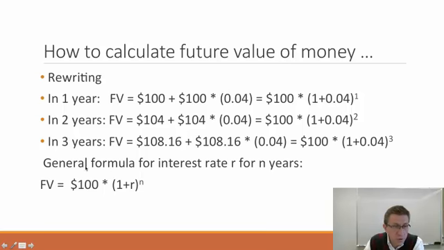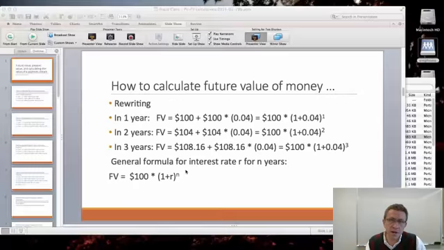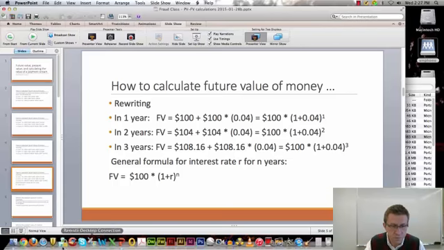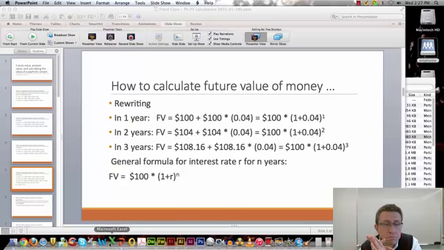This is an important formula for you to know to calculate the future value of money. Let's go to Microsoft Excel and plug this in, try out a couple different numbers. The nice thing about this formula is it's very easy to generalize. It's very easy to plug in different interest rates, different periods of time.